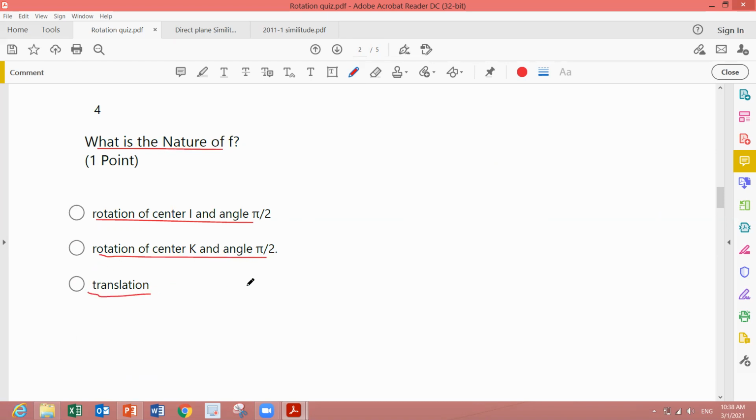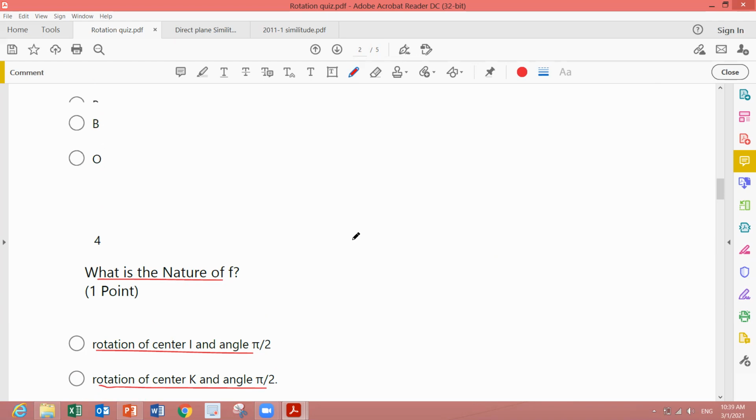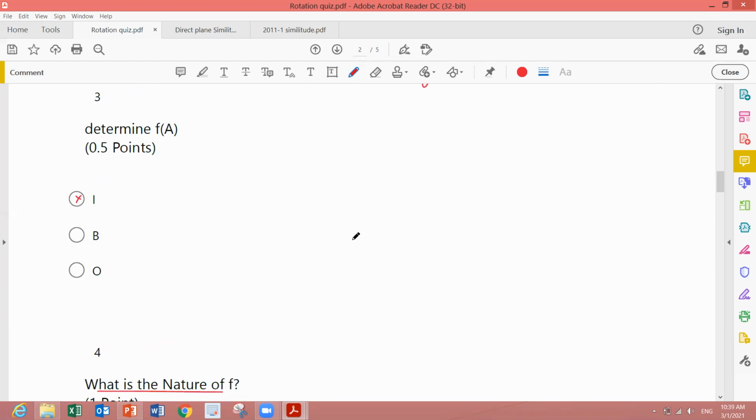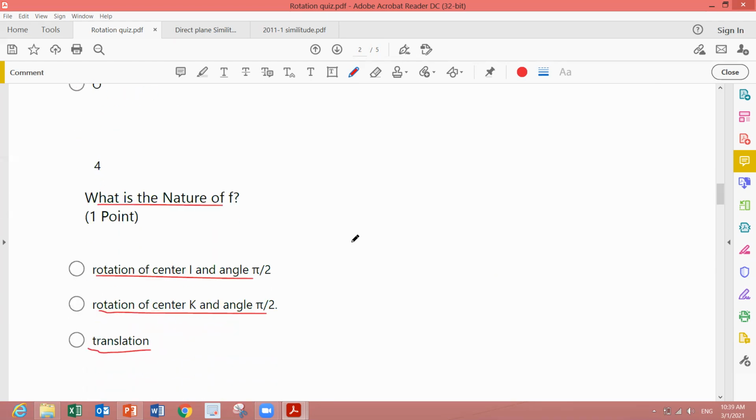Which one is the correct? Center I. كيف عرفت center I? R rotation T بيطلع rotation. Center la rotation is I.